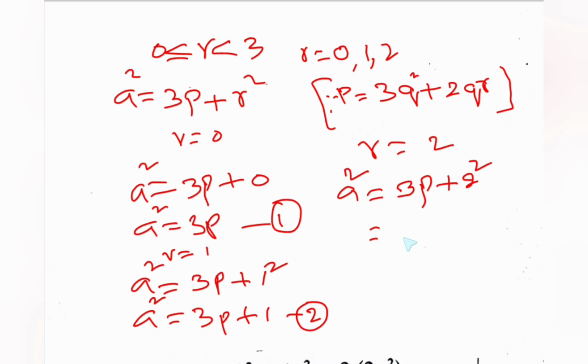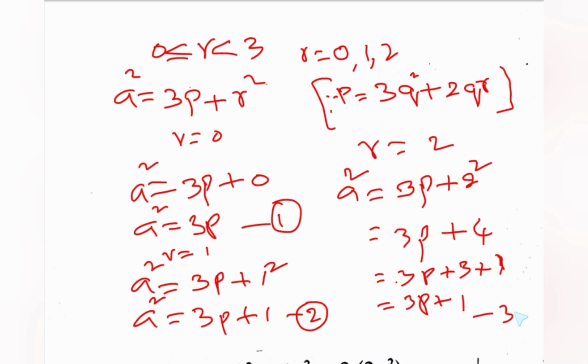This equal to 3p plus 4. Plus 4 means what? We can write 3 plus 1. So 3p plus 3 plus 1. The 3 is common, because remainder should not be greater than b, so 3p plus 1 we can write. So this is number 3.